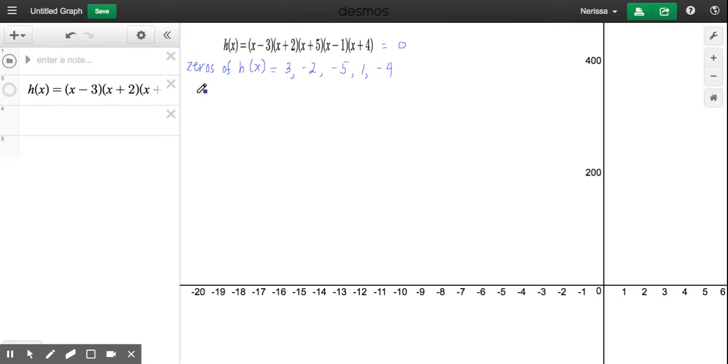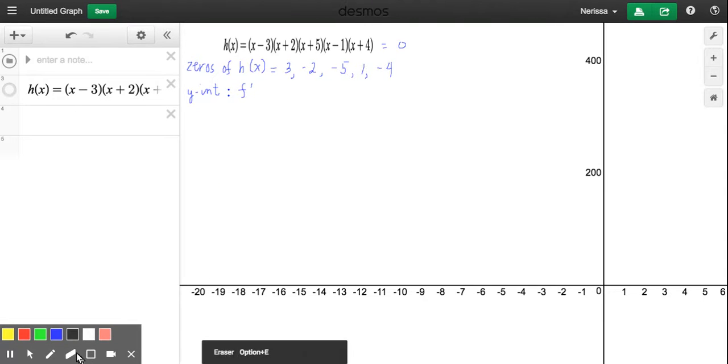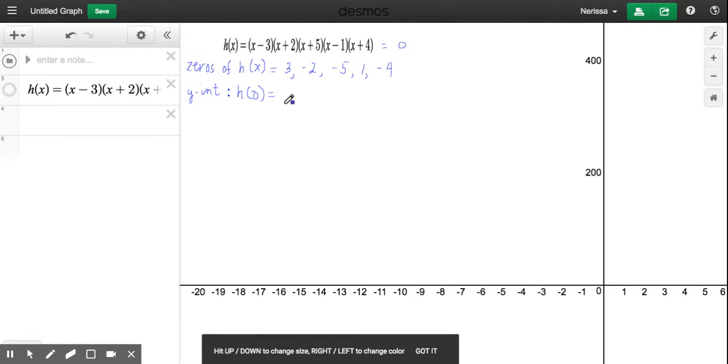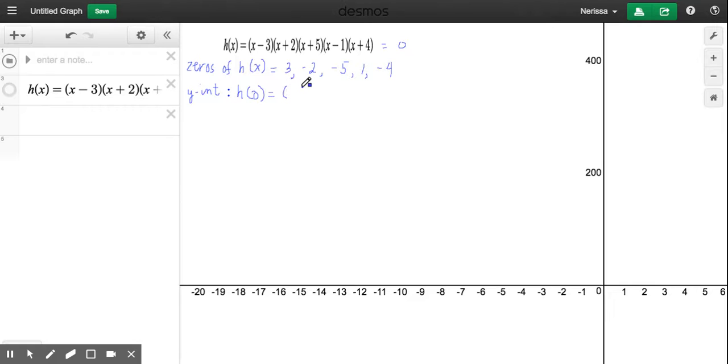Now let us find the y-intercept, or f of 0. Okay, we're not talking about function f, we're talking about function h. So this should be h of 0. So therefore this x minus 3 becomes 0 minus 3, and 0 minus 3 is negative 3.